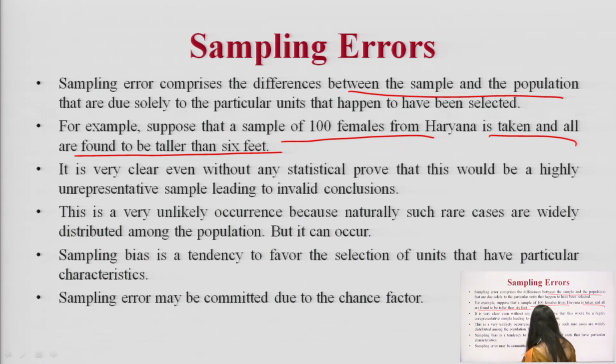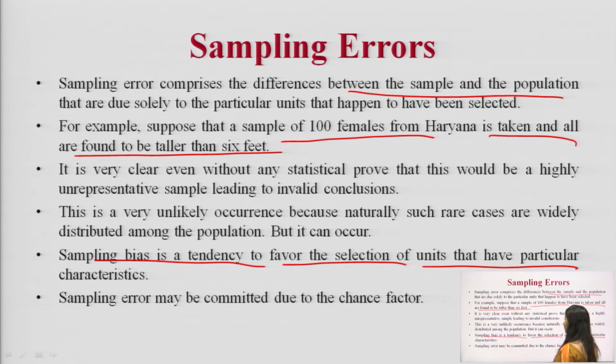There are also other examples. Sampling bias is the tendency to favor the section or unit that has a particular characteristic. Suppose in sampling you are favoring a certain type of people, or collecting data from a particular segment of the population; this shows bias in the research, which is also an example of sampling error.